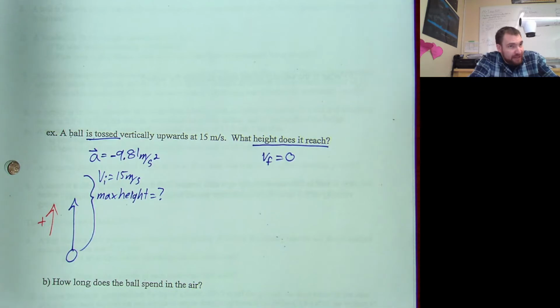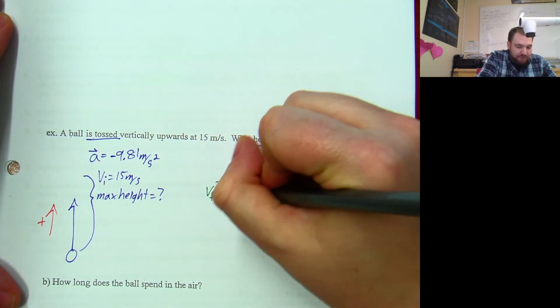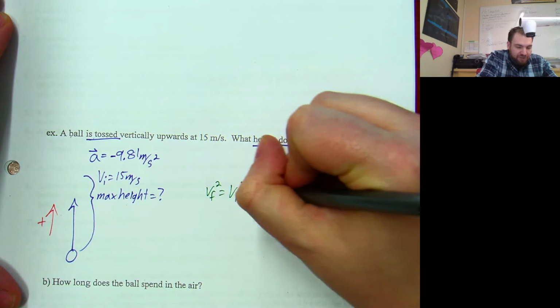So then the kinematic equations are still the same. Which kinematic equation is going to relate VI, VF, A, and the maximum height? If you don't have them memorized, having your formula sheet out is never a bad idea. While y'all are digging for it, I heard Zaid say VF squared equals VI squared plus 2AD.